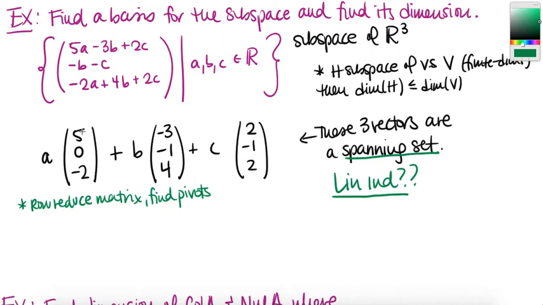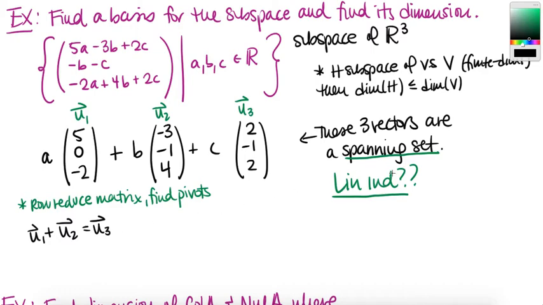I do see that 5 and -3 give us 2, 0 plus -1 gives us -1, and -2 and 4 give us 2. If we call these U1, U2, and U3, we see the relationship U1 plus U2 is equal to U3.